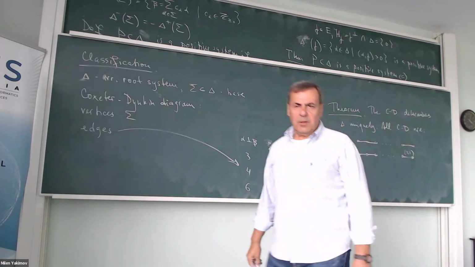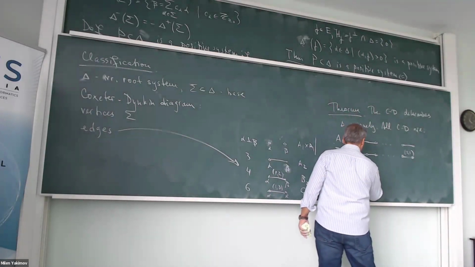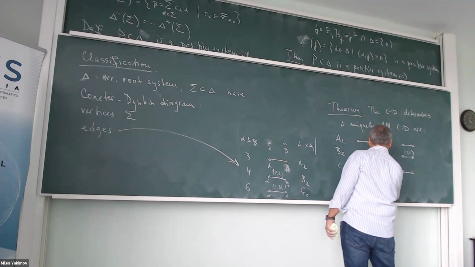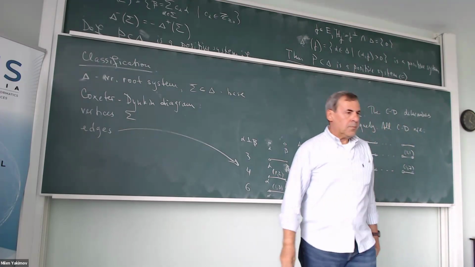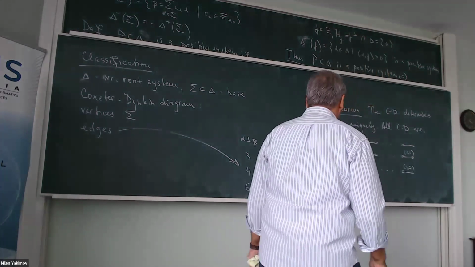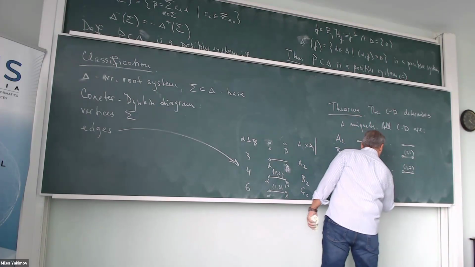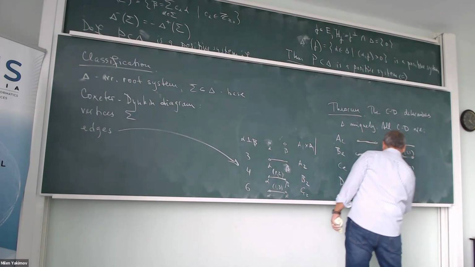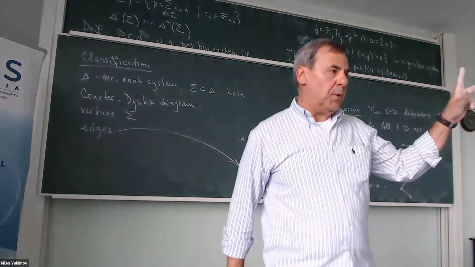So the label is 2-1. CL, the last one is long. DL, they are still simple links, but at the end you have this branching.